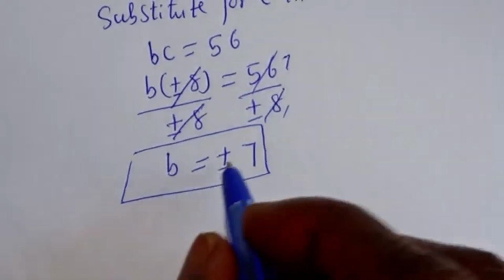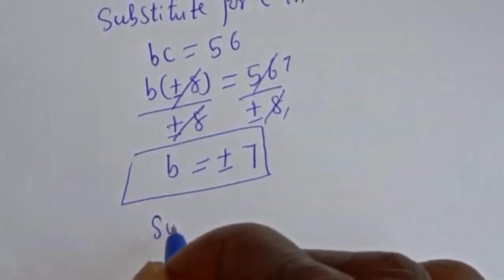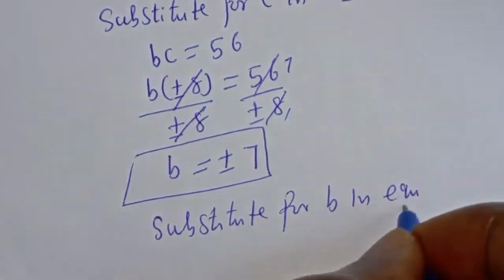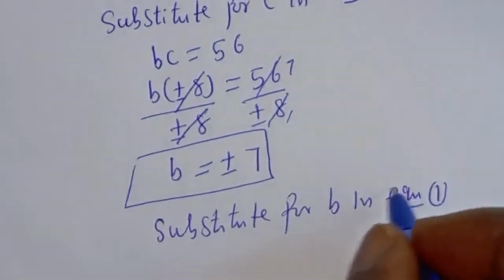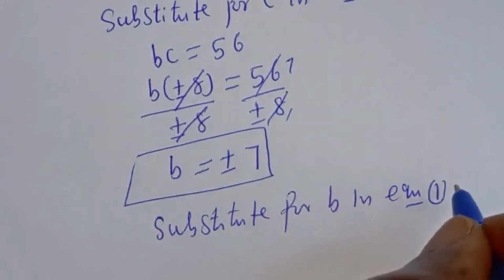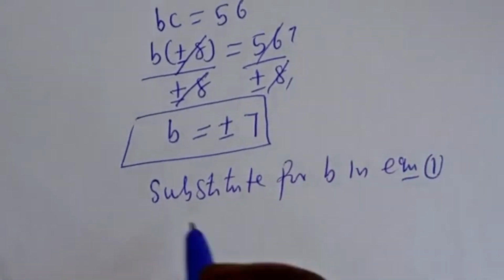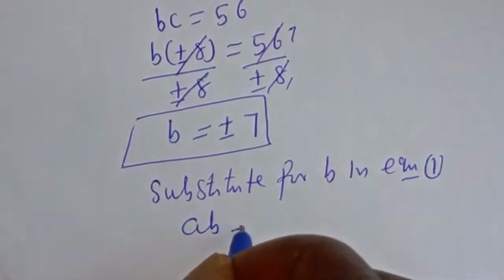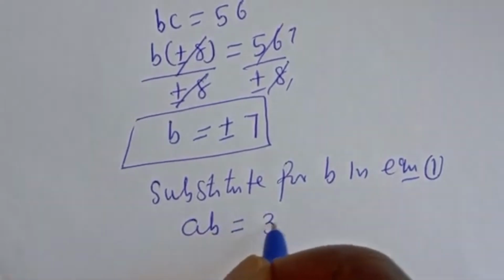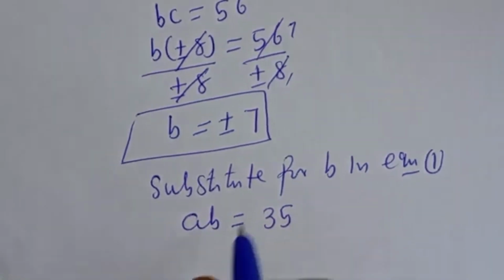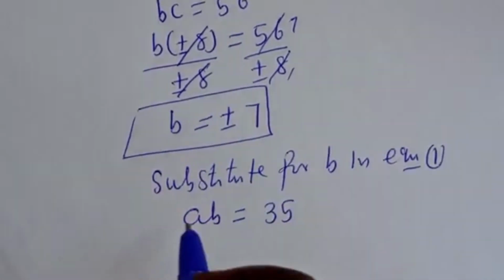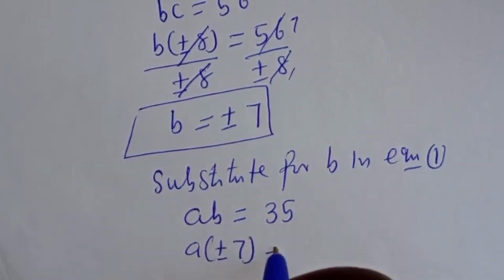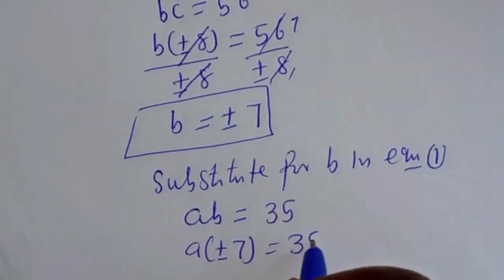Then we've gotten the value of B. Then we can substitute for B in equation 1 to get the value of A. That is, equation 1 is AB is equal to 35, then B is plus or minus 7, A bracket plus or minus 7 is equal to 35.